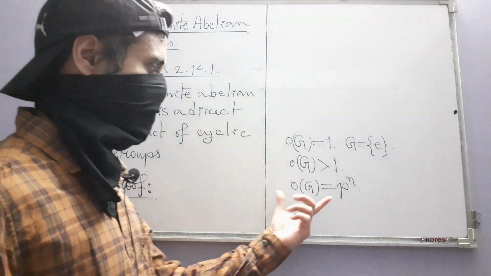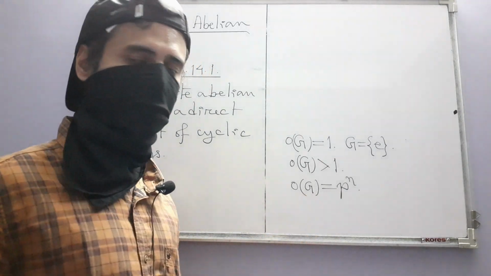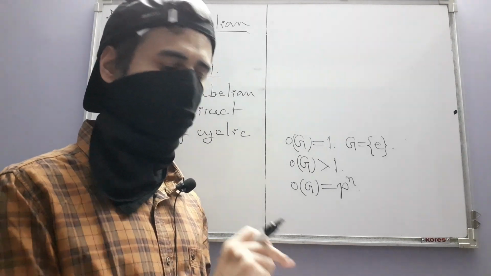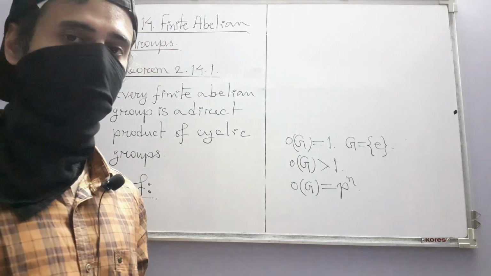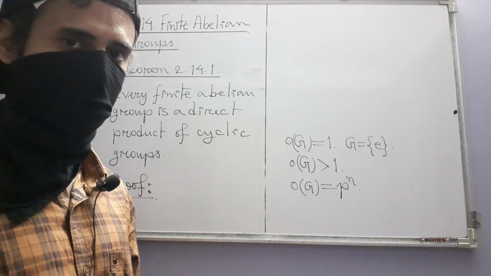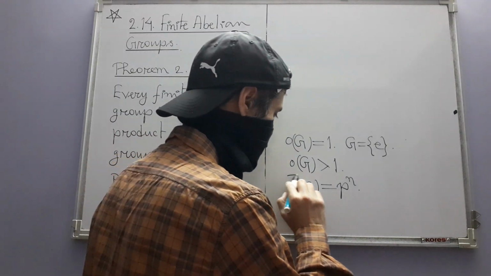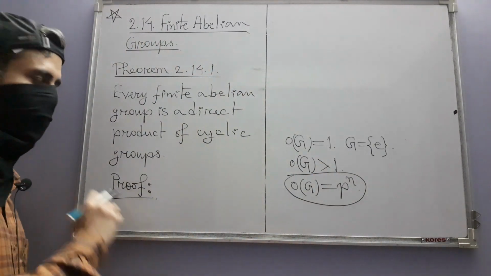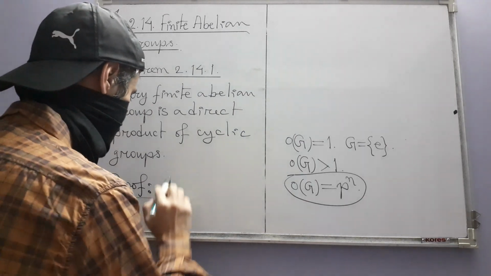Now, exactly how this simplification is achieved, for that I urge you to go to exercise 5 from section 213, and try to understand why that is the case. So we will start with this.